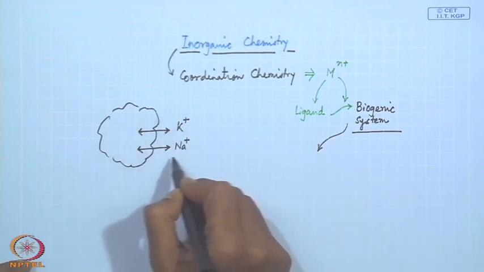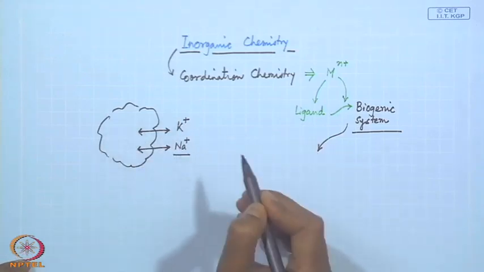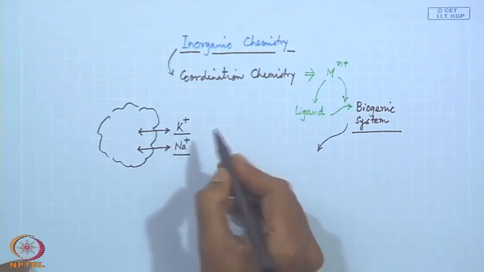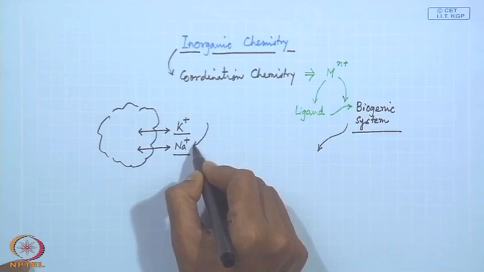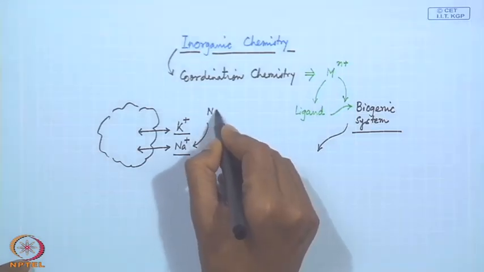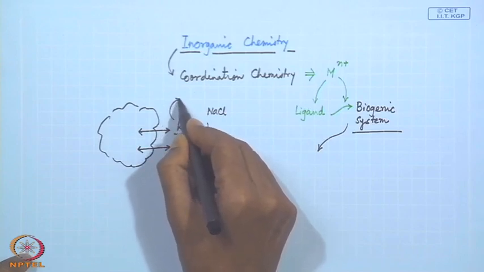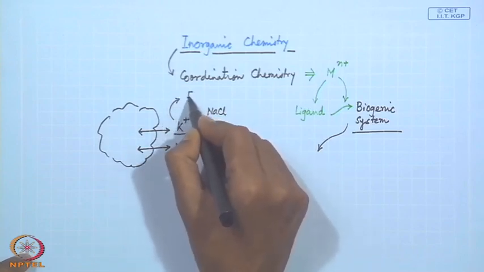So, we will have a different concentration of sodium ion outside the cell and a different concentration inside the cell, and we only consume sodium ion as sodium chloride, but the potassium we get from different food material.